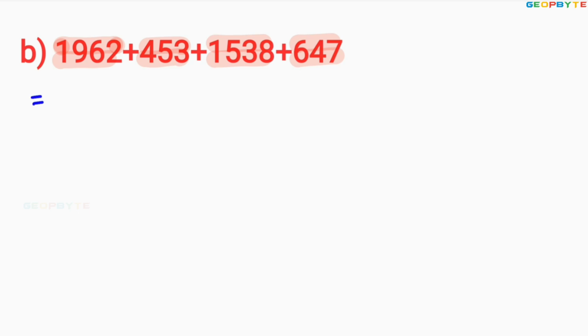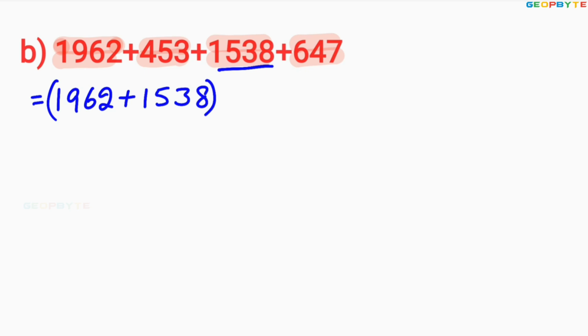First listen. 1962 plus, first I am going to write this value, 1538. The reason I have written this value is that if I add 2 and 8, I get 10. Indirectly, the sum of these two numbers gives a rounded value.